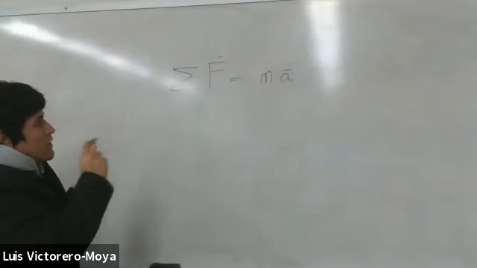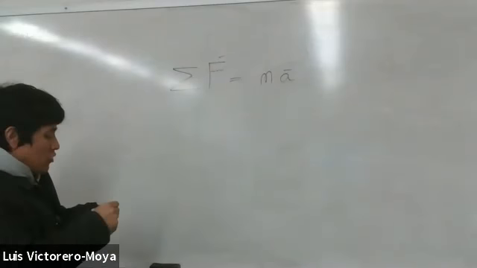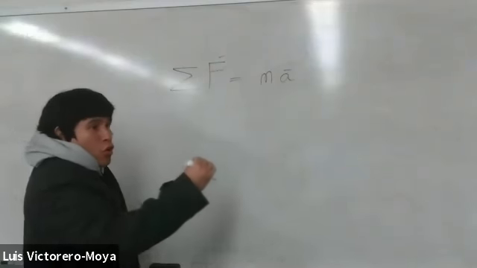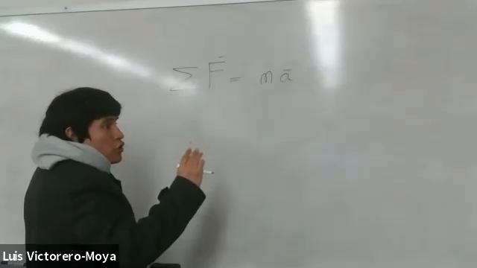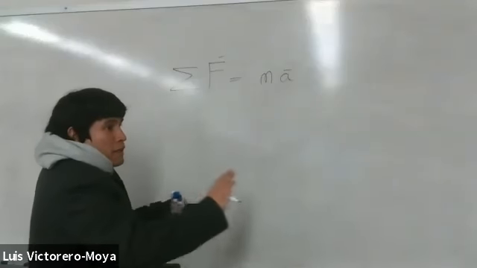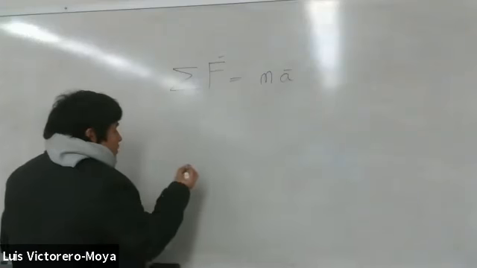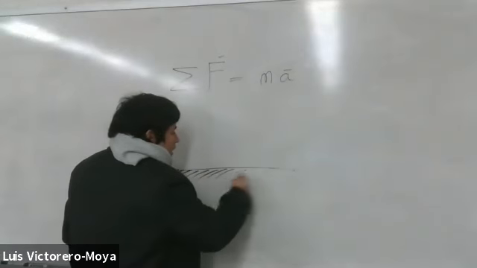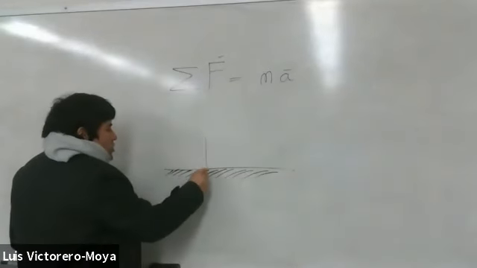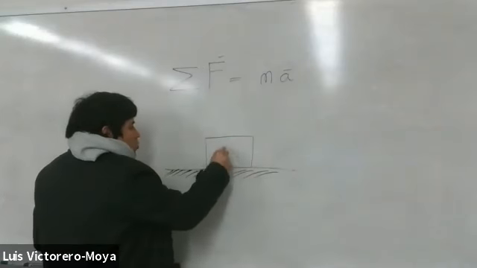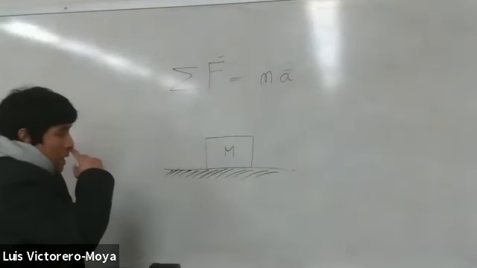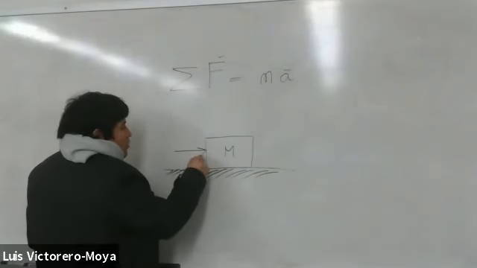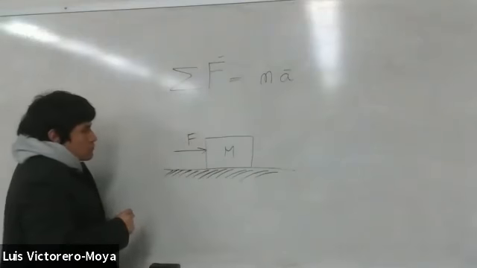But we say it is the sum of forces, or the net force, because you can have a net force due to a force pushing a body, but then you may have some sort of friction. There are two types of friction that you need to know. We have the static friction, which is the one that happens when you have a body of mass m and it's not moving, even though you may be trying to move it with a force F.